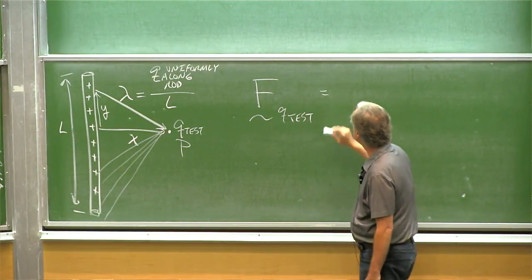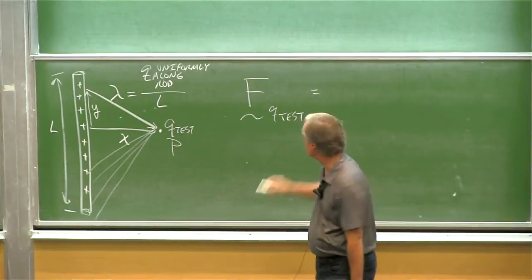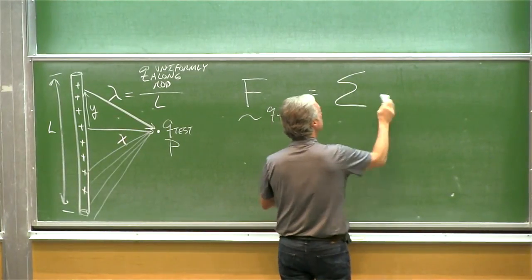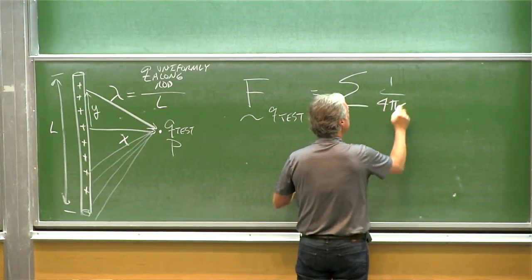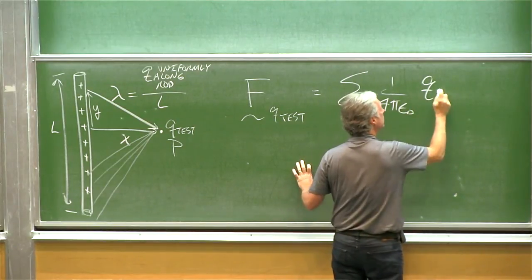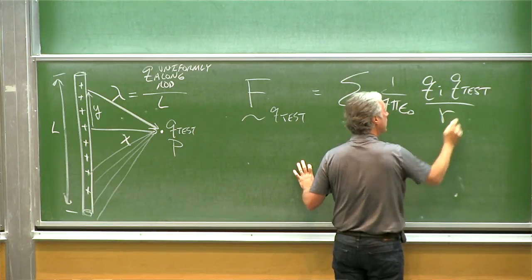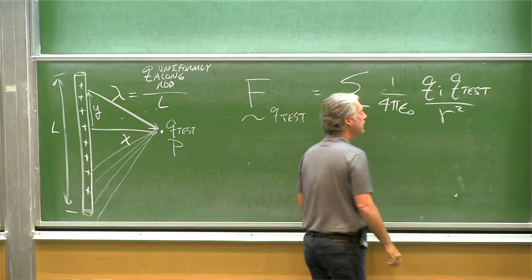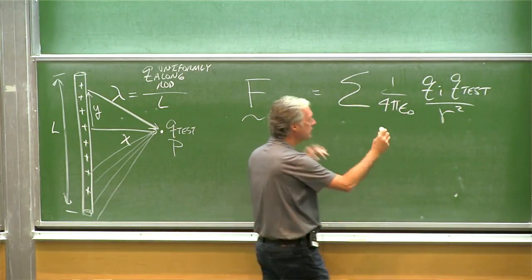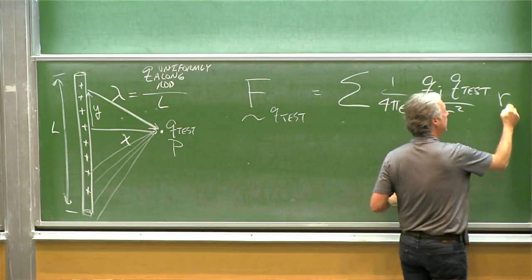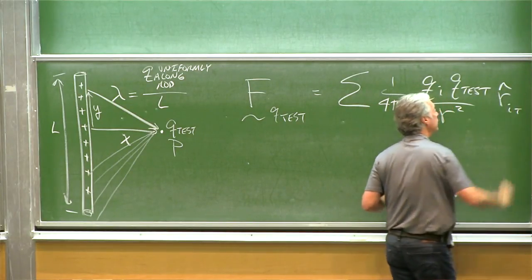And that's going to be, for each charge, the sum of 1 over 4 pi epsilon naught q sub i q test over r squared. And you have to put in whatever the r is going to be, and then times whatever the r_i test hat is going to be.